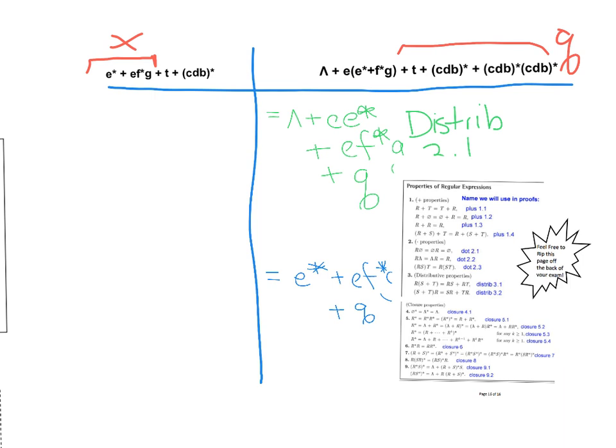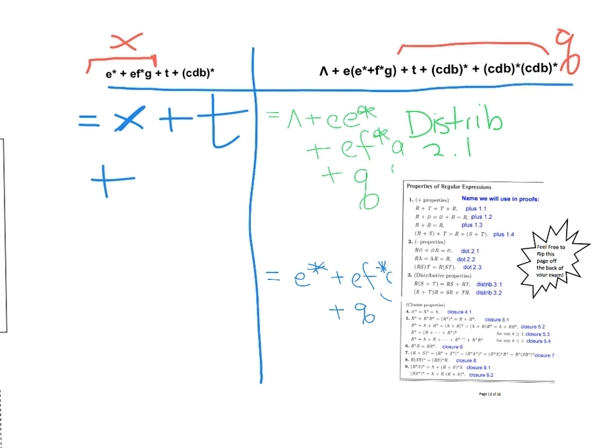And so I'm working on the left now. So I've got the X part and the Q part. I want to mess with the Q part now, right? So I'm going to say something like, this equals X plus T plus, now I have a CDB star, and I want to turn that into something that looks more like this.